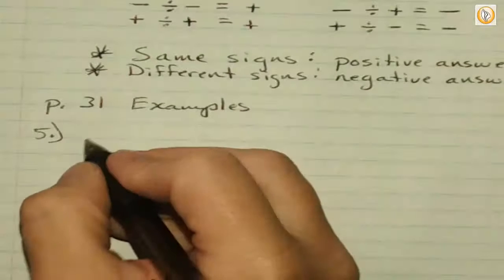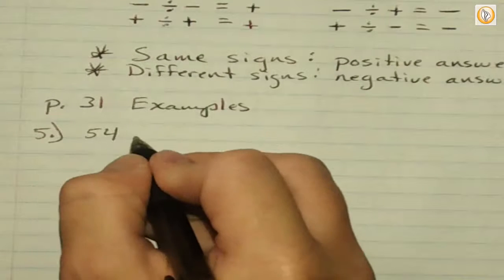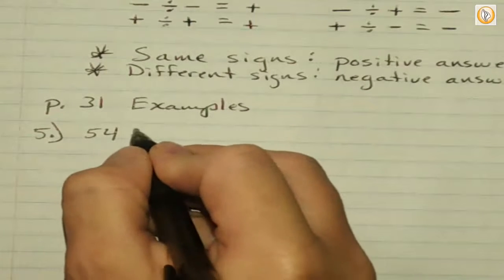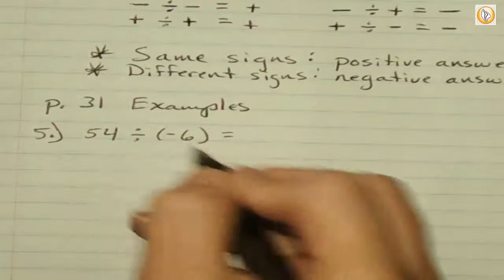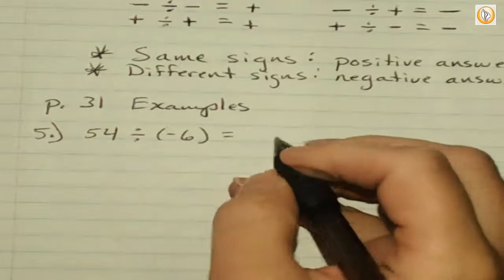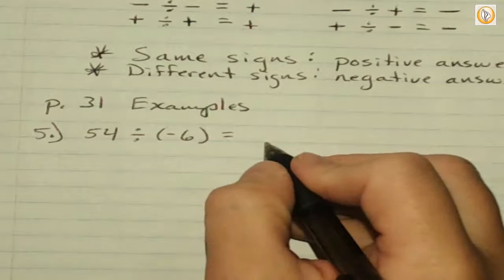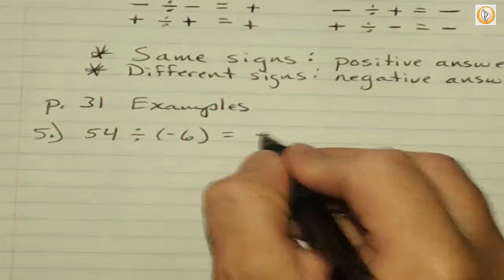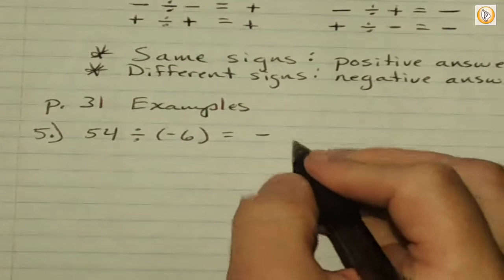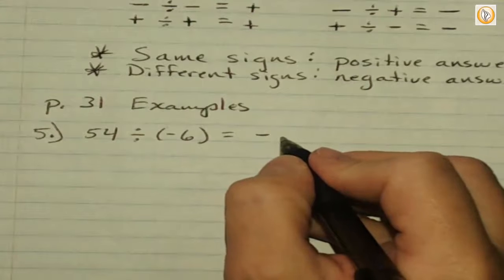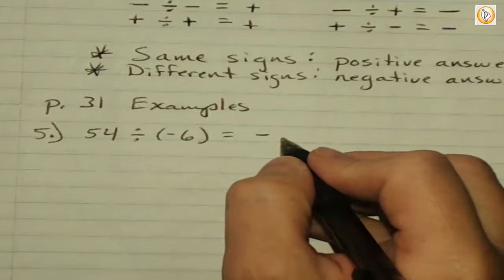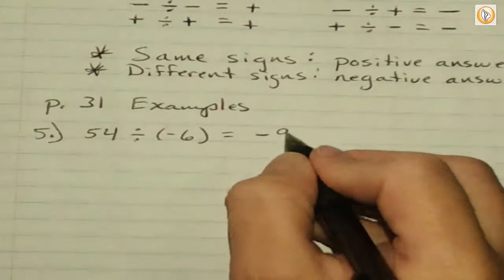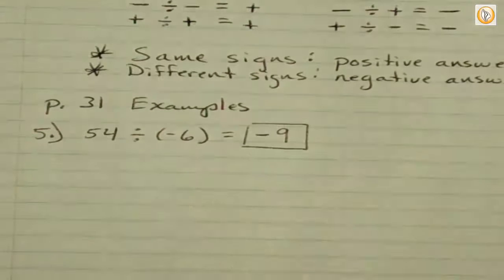Okay, Michaela. 54 divided by -6. Positive divided by negative is going to give you what kind of an answer? Negative. And 54 divided by 6 is? 9. So your answer is -9. Good job.